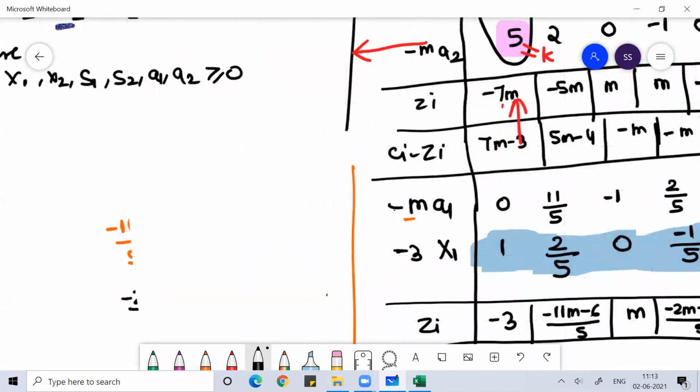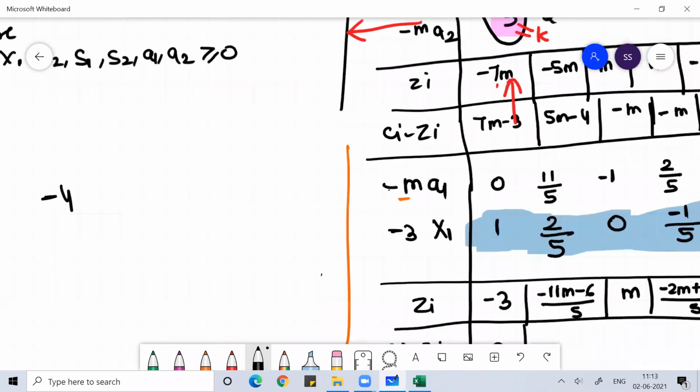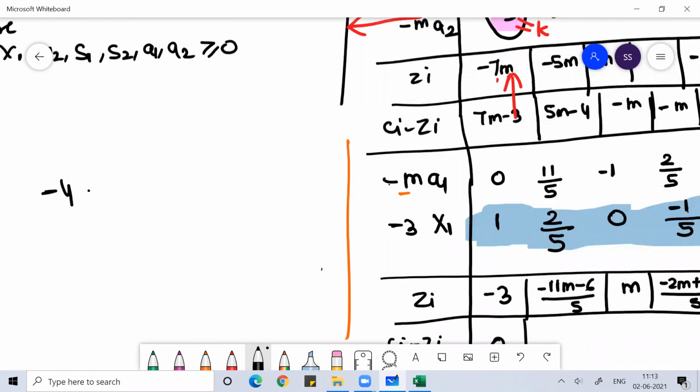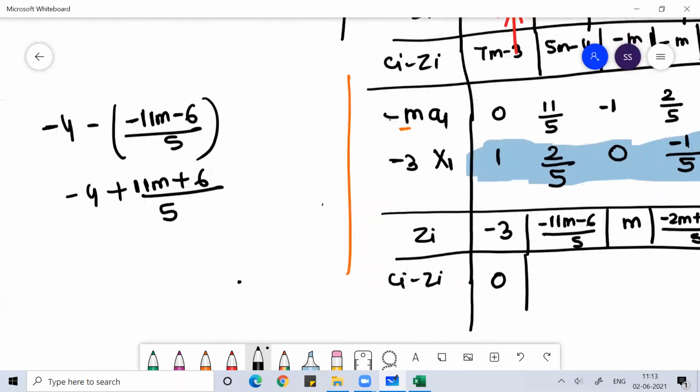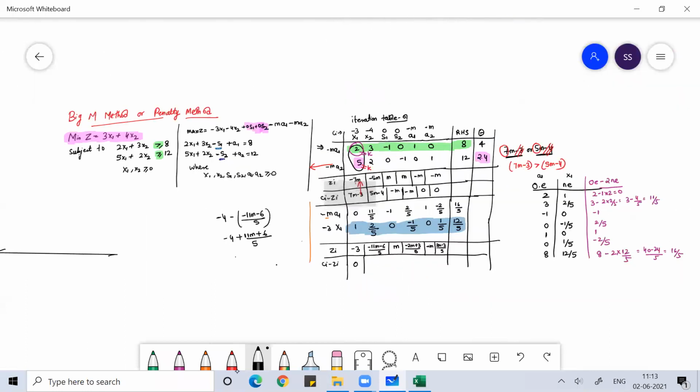Then minus 4 minus 11M minus 6 by 5. I hope you understand me. So this is minus 4 plus 11M plus 6 by 5, so this is minus 20.